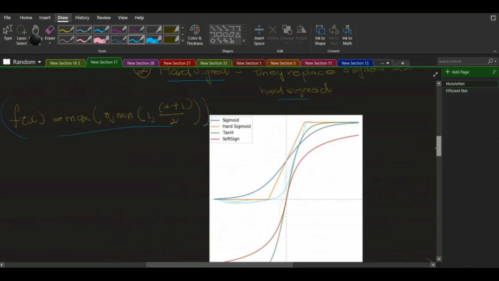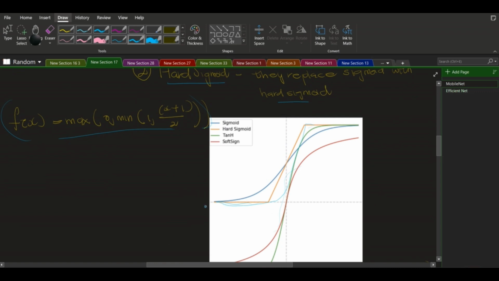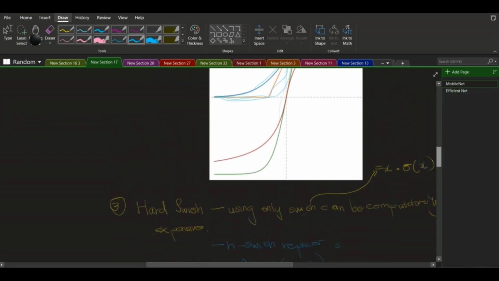From a visual perspective, we can see how hard sigmoid, this is the orange line here, compares to sigmoid, which is this bluish curve. Okay, so this is the difference between these.